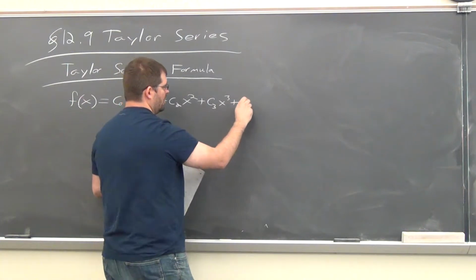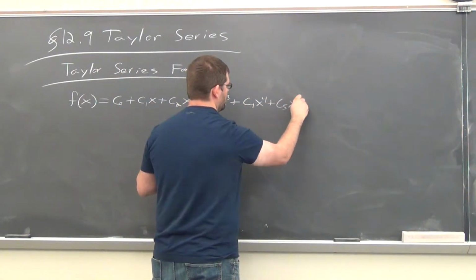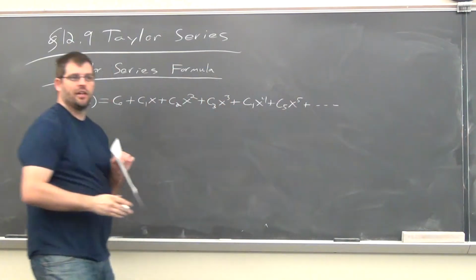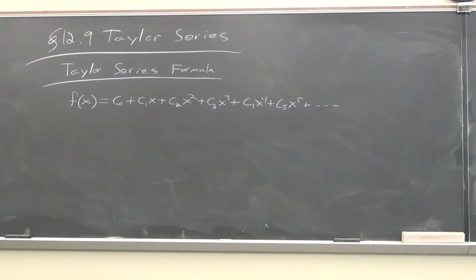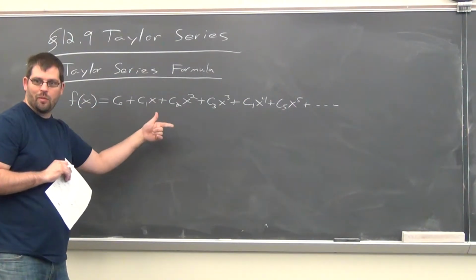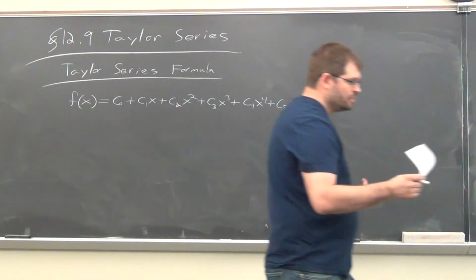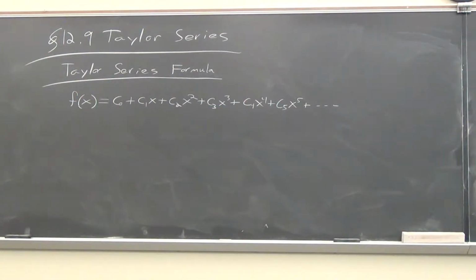If we've got a power series centered around 0, it should look like that. Again, not every function actually has a power series, and even if it has one, it may not work for all x, like 1 over 1 minus x. It's defined as long as your x is less than 1. Otherwise, you don't have a nice series for it.